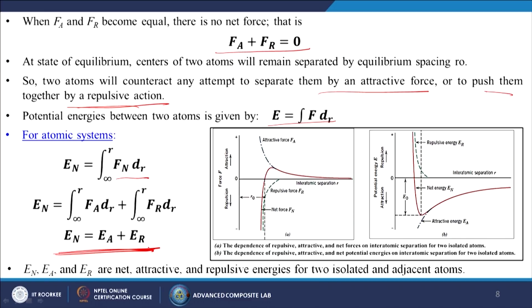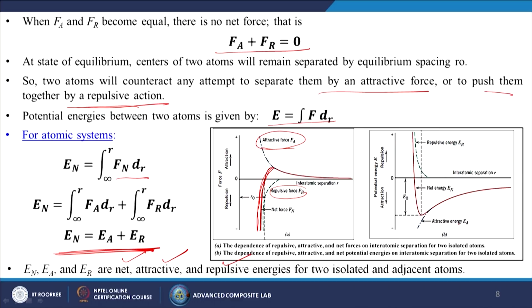Here En, Ea and Er are net, attractive and repulsive energies for two isolated and adjacent atoms. In this particular case you can see the attractive force and then the repulsive force, and then we are getting the net force here in this particular line. This is known as the r0. So, if we put a tangent over there.